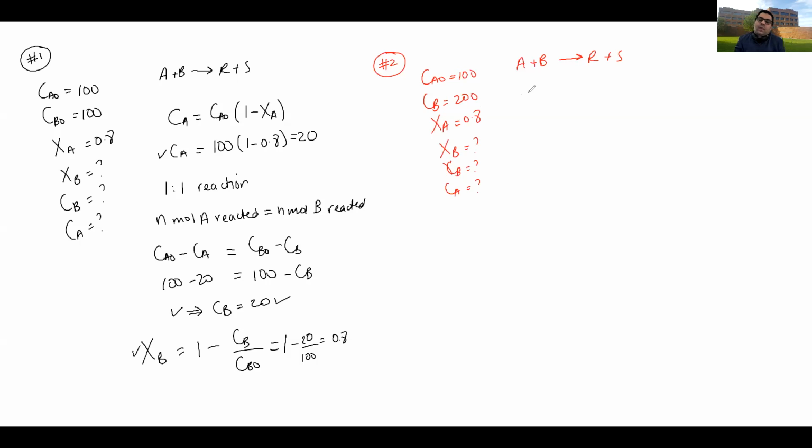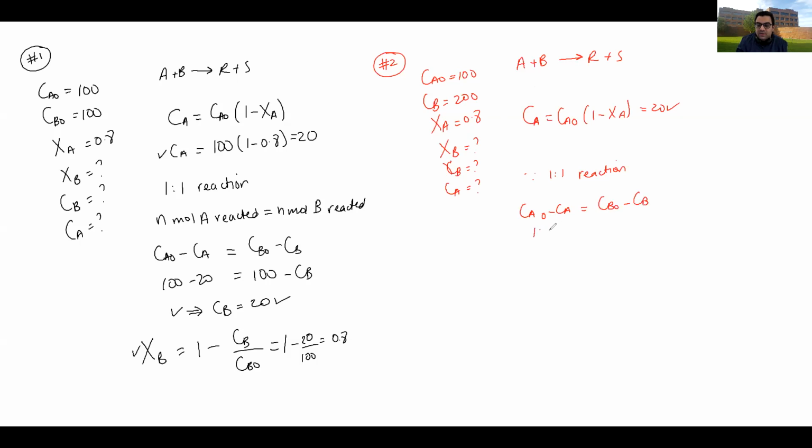Okay. So same approach. I'm just going to mirror the steps and plug in a different number, right? So CA is equal to CA note into 1 minus XA, and CA will be 20. And similarly, because it's a 1-to-1 reaction as well, CA note minus CA is equal to CB note minus CB.